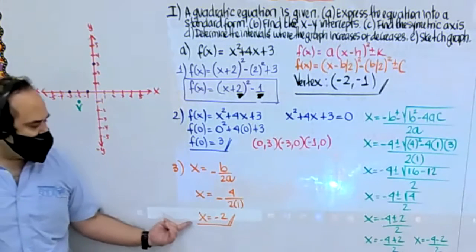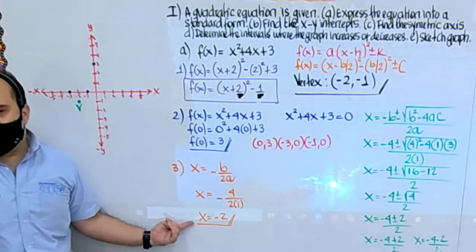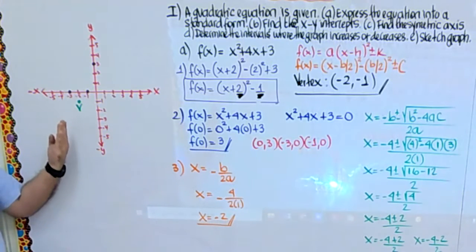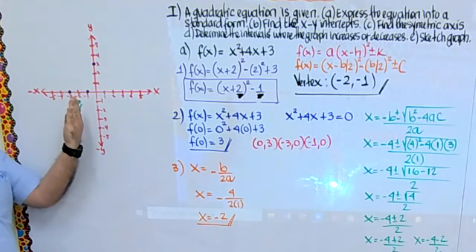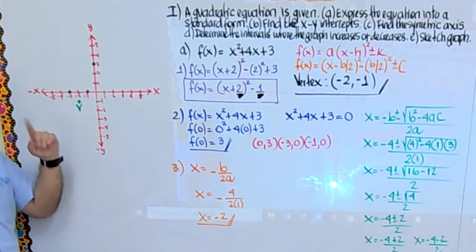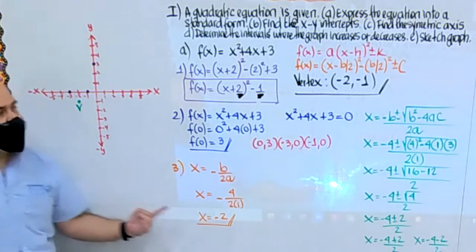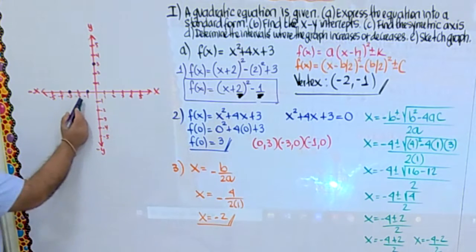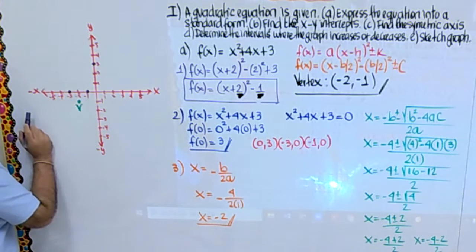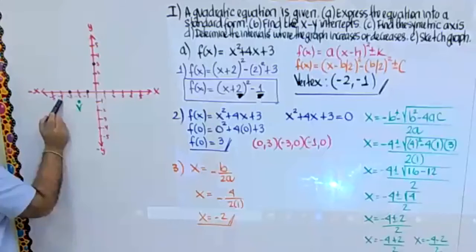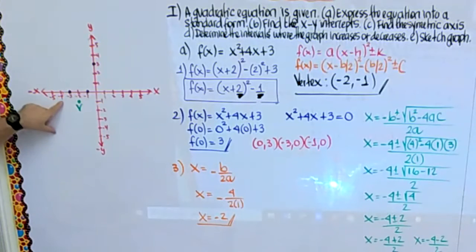The symmetric axis means negative 2. Because we have a negative answer, the parabola is going to move on the x-axis, I mean the letter x, 2 units from the left side. How do I know left side? Because we have a negative value, okay? So if we have the point negative 2 at the vertex, if I move 2 points to the left side, that will be negative 4.